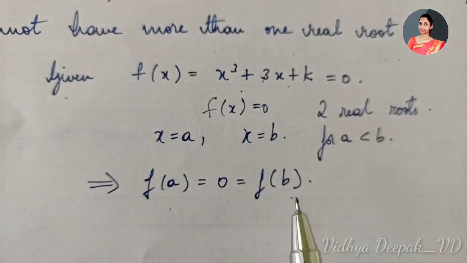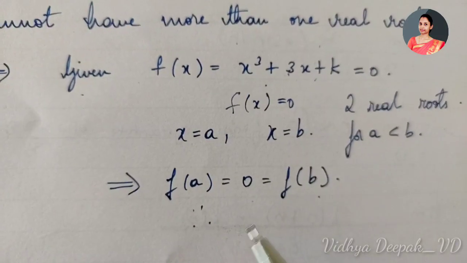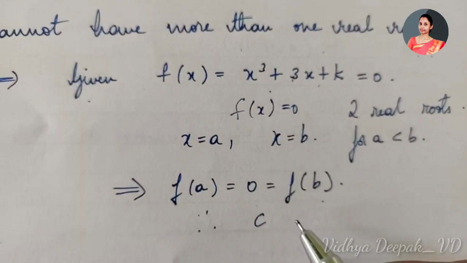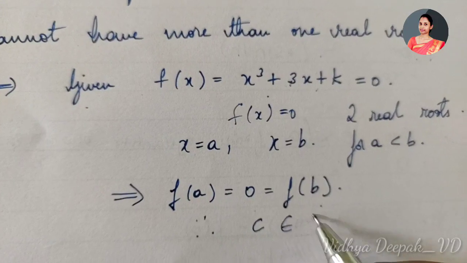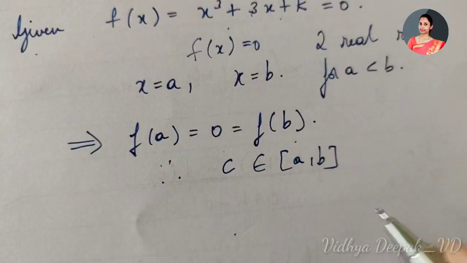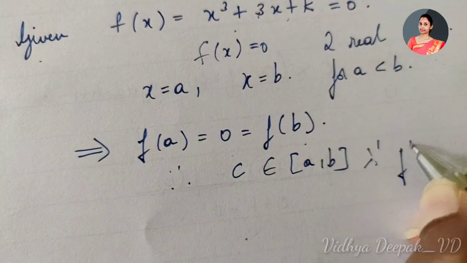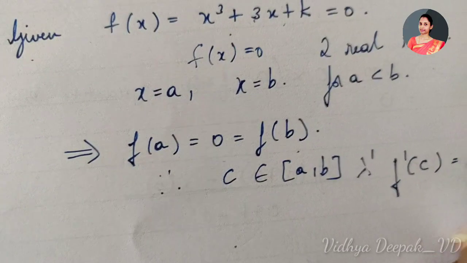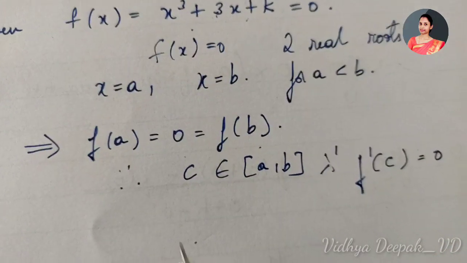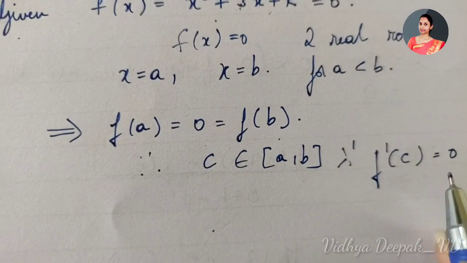Therefore Rolle's theorem is satisfied, and there exists a c belonging to the closed interval a comma b such that f dash of c is equal to 0.